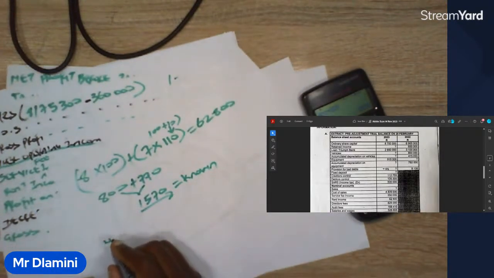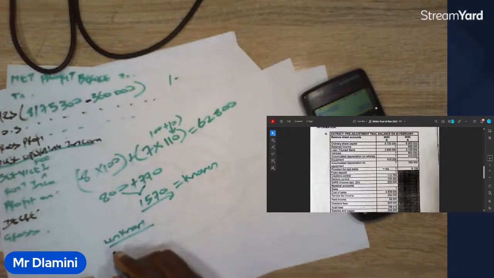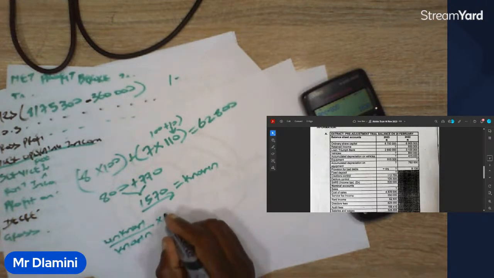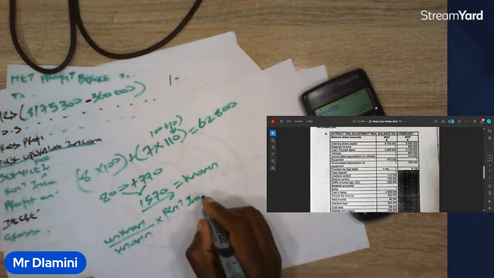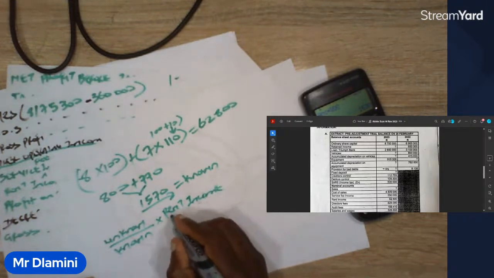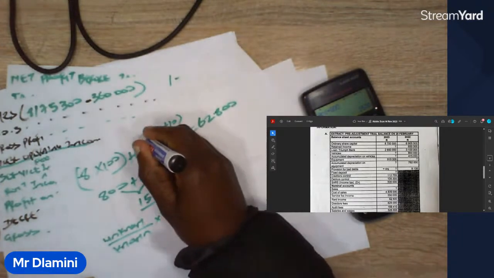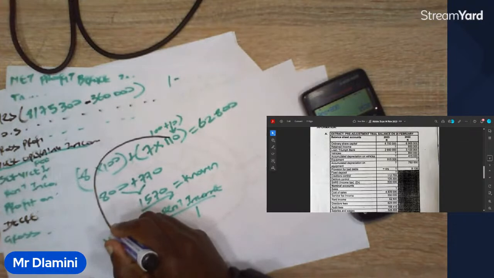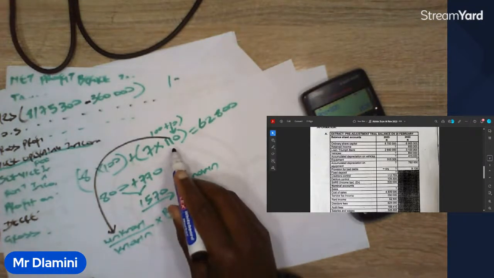Now we have to say unknown divided by known, times the rent income over 1. So what is unknown? Unknown will always be this plus or this minus. If the rent decreased by 10%, we'll have 90.